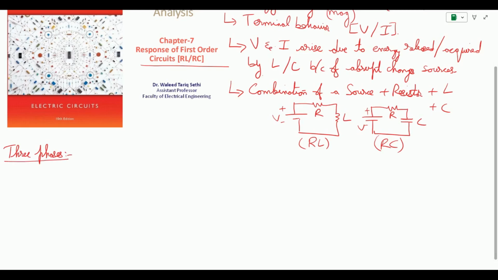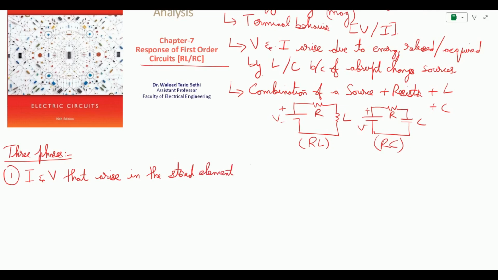In the first phase, we are going to look into the currents and voltages that arise in the stored elements, the stored elements being our inductor or capacitor, when the source is suddenly or abruptly removed from the circuit.